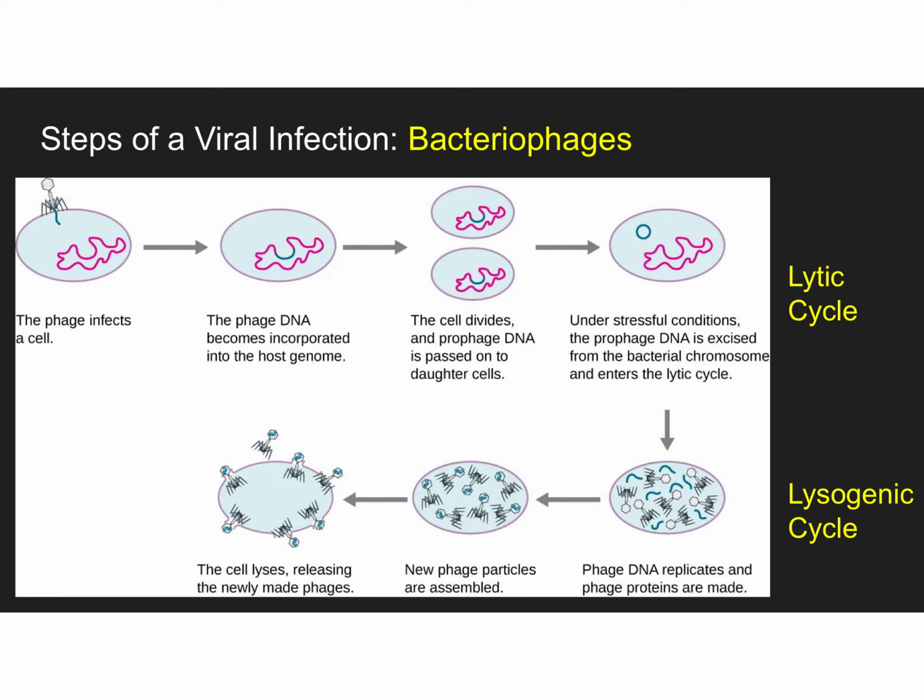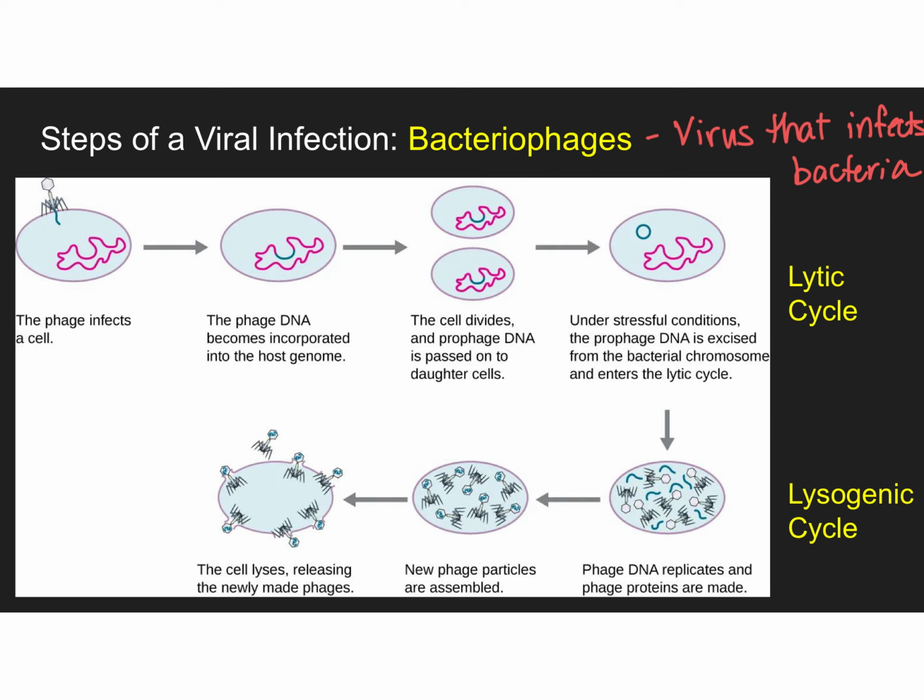Here we have an example of a bacteriophage infecting a bacterium. Remember that a bacteriophage is just a virus that infects bacteria. So you can see here starting out that the phage infects the cell.